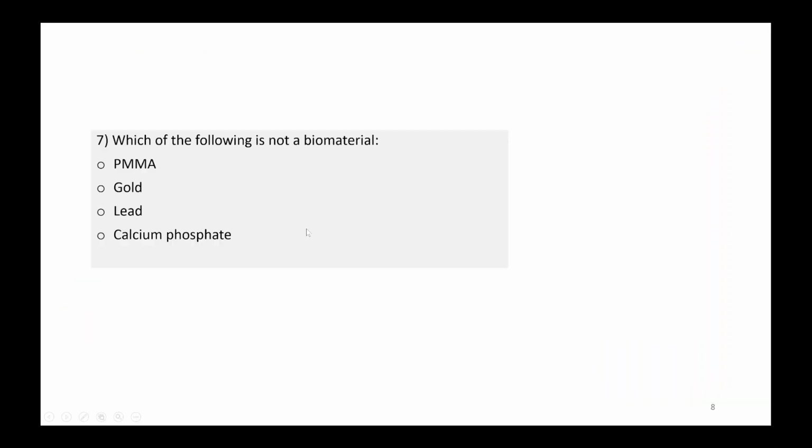Your options are PMMA, gold, lead and calcium phosphate.